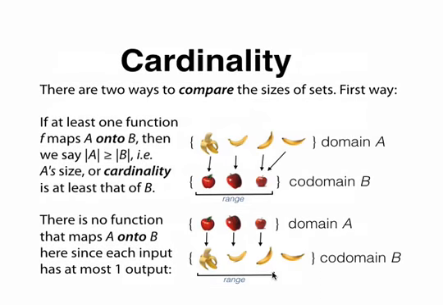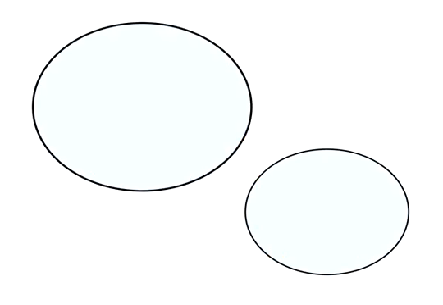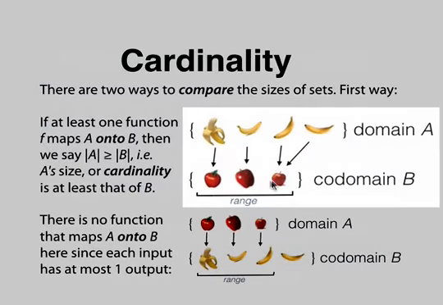Let's talk about how to do that with finite sets first. And then those same methods can be used for infinite sets. So to compare the size of a set, you basically want to say that one set is bigger than the other. For example, this set of bananas is bigger than this set of apples because there are simply more bananas here, right?